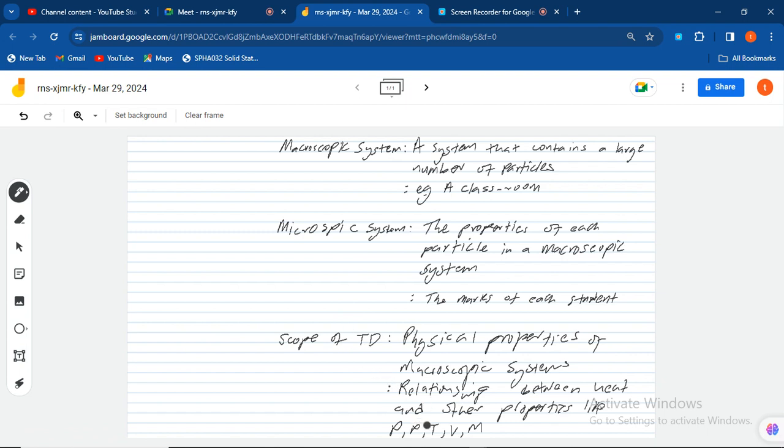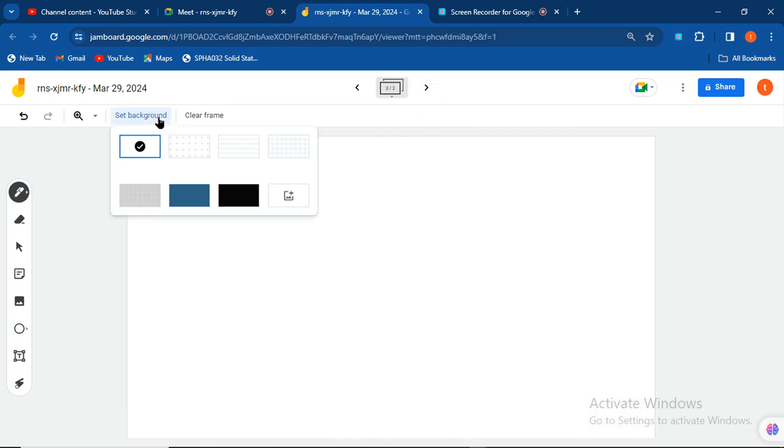You can think of any type of property that can be related to heat. So we're going to check the relationship between heat and pressure, heat and density, heat and temperature, and so on. That's the scope of thermodynamics.